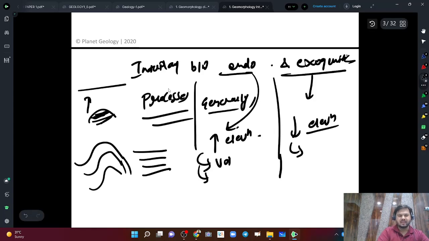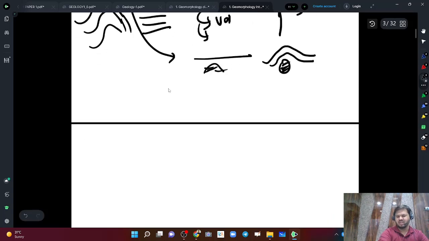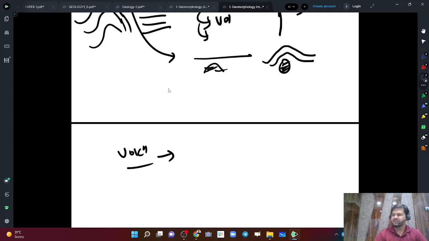Whenever it rises and comes to the surface of earth, it leads to some kind of warping, a dome-like structure, because of volcanoes. So all these processes generally increase the elevation of earth. But I am using the term generally; this is not always the case. We have read various kinds of volcanoes: stratovolcano, cinder volcano, shield volcano. They all have an elevated structure.